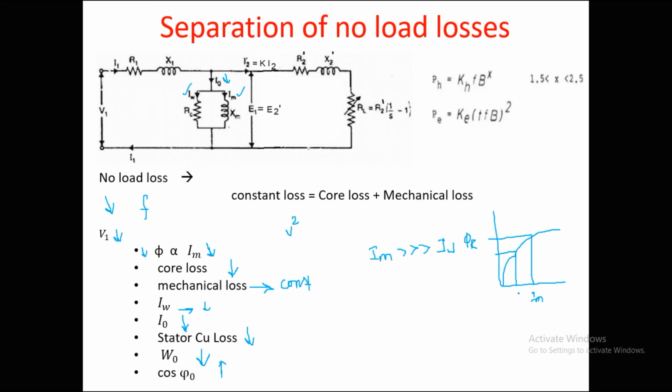If you have a reduction in the flux, there is a drastic decrease in the magnetizing current. So we can say that reduction in voltage will lead to a drastic reduction in the magnetizing current compared with the working current. So because of that, we can say power factor is getting increased. So these are the effects of reduction in the supply voltage.